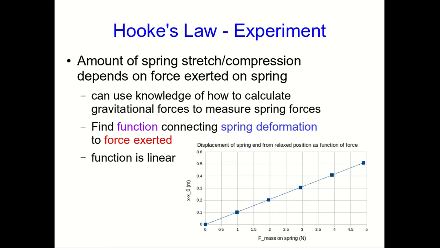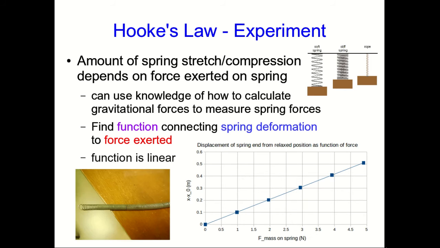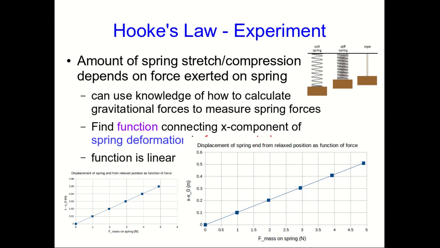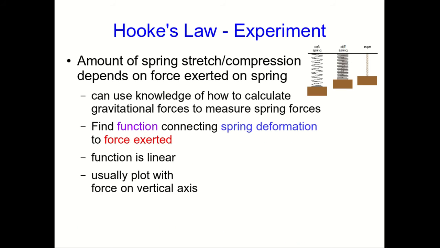That's great. Linear functions are really easy to deal with. Now remember that the amount of deformation for a given force depends on how stiff the spring is, so we should probably repeat the experiment with a stiffer spring, and we again get a linear relationship, but we see a smaller amount of deformation for any given force.